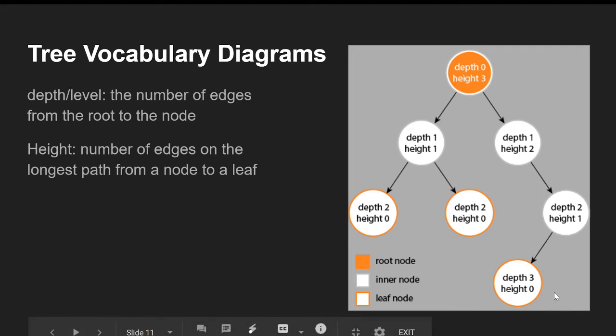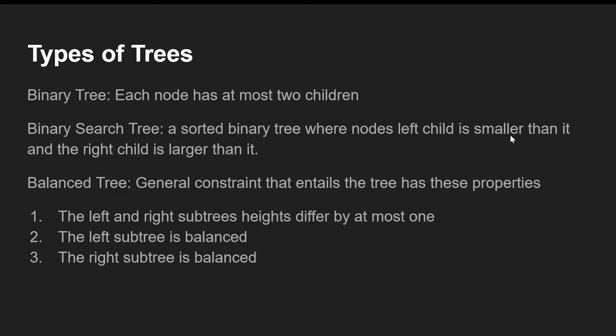And then height counts from the top, but height can be measured for any node at all. So we can have height 0, height 1, 2, and 3. This is a difference. And then we can see this total tree will have a height of 3, as we start counting from 0.